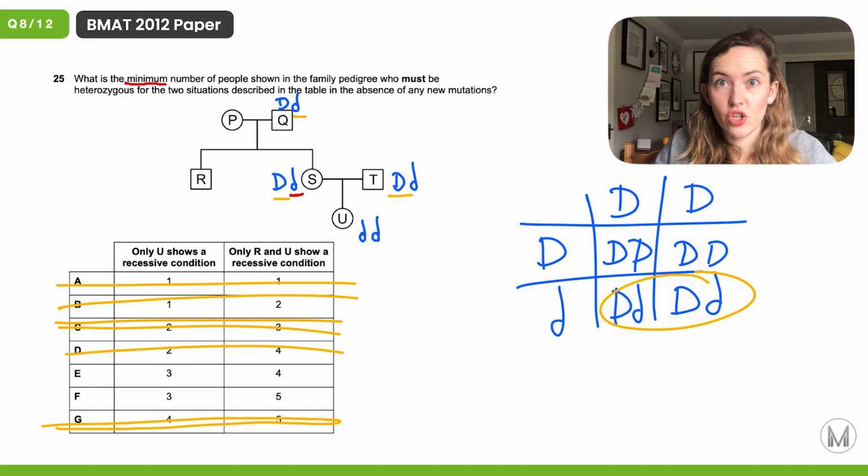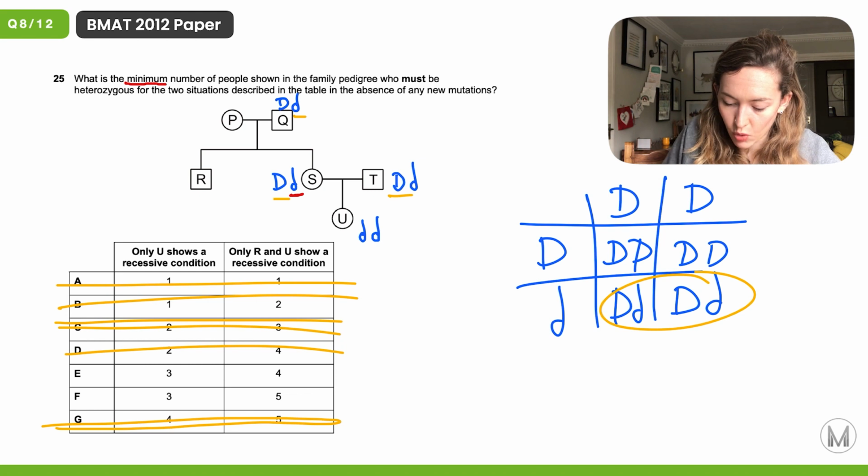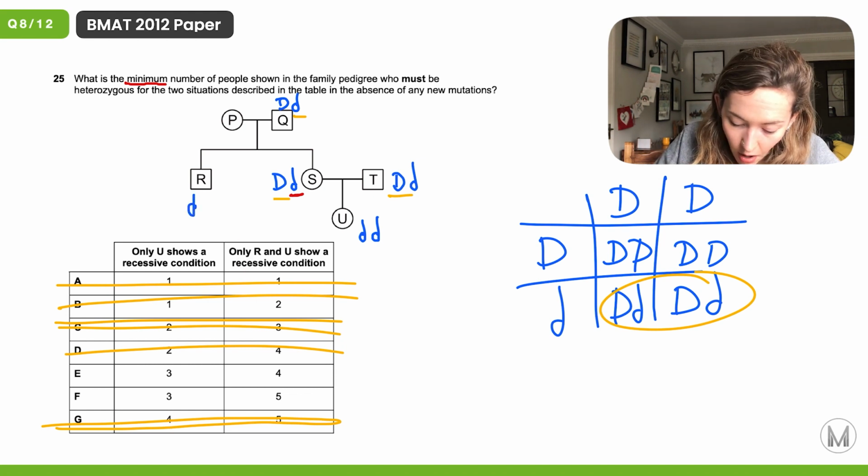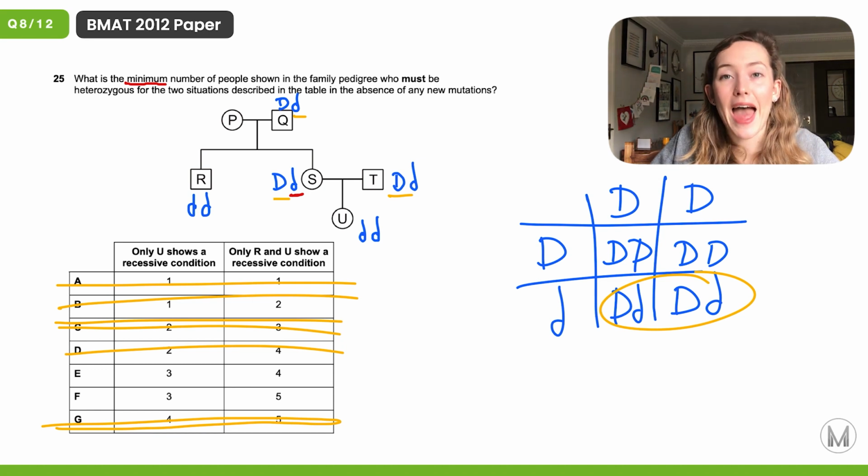Now, we're going to change what's happening a little bit. We're going to realise that we've been told that now only R and U have the condition. So let's add in R. It's got to be a homozygous recessive.